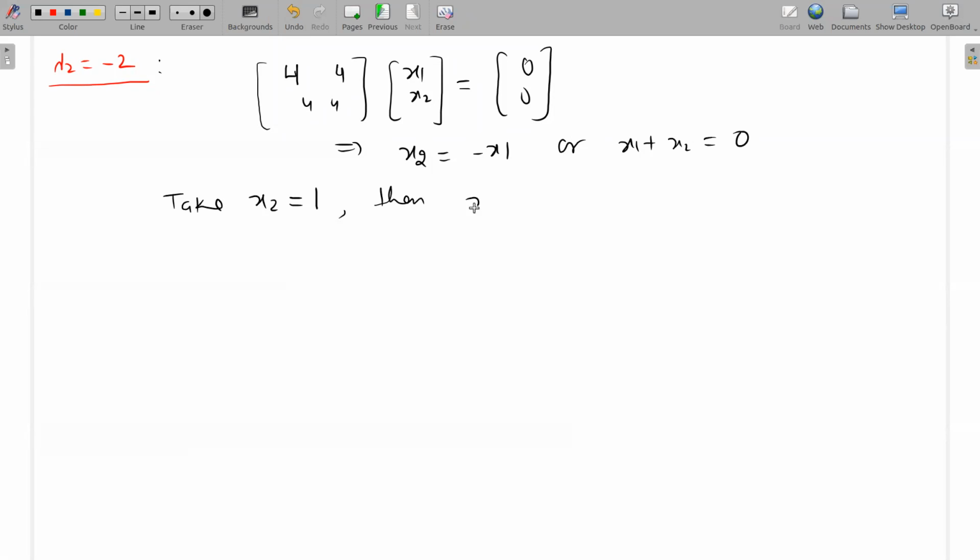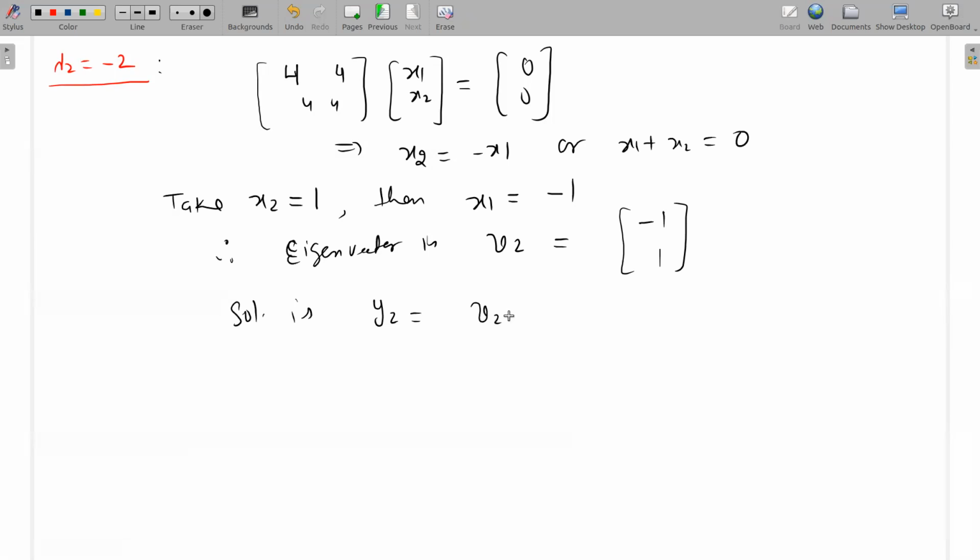Then we got x1 equal to minus 1. You can also take it the other way, (1, minus 1) or (minus 1, 1). So the eigenvector v2 is (minus 1, 1), and the solution is y2 equal to (minus 1, 1) e power minus 2t. Okay, so finally, the general solution.